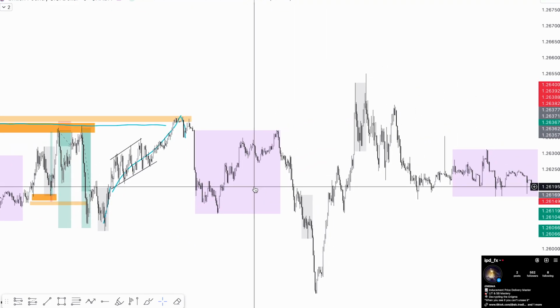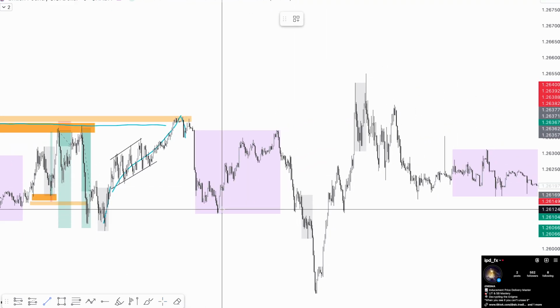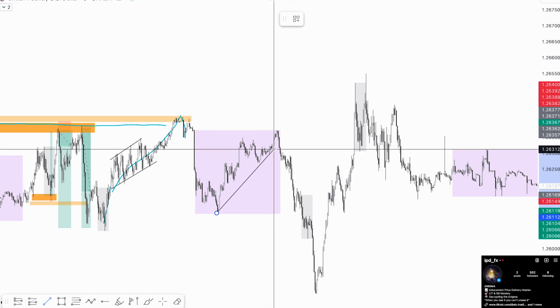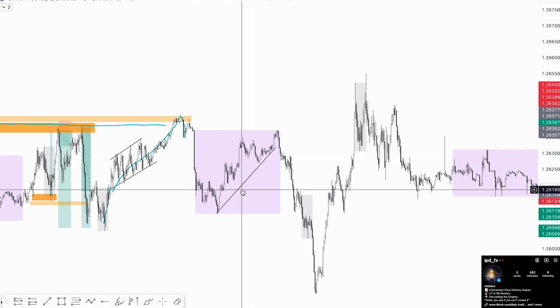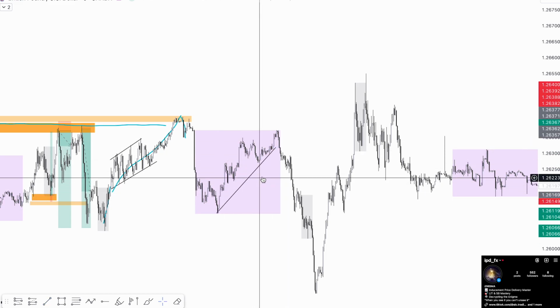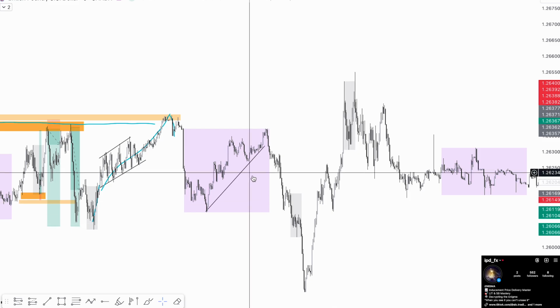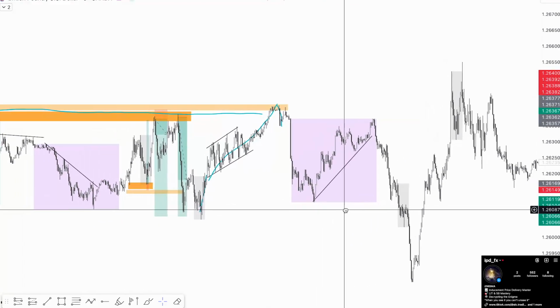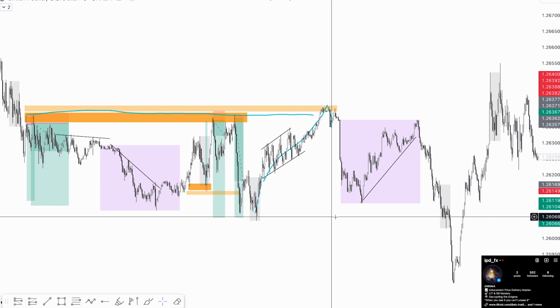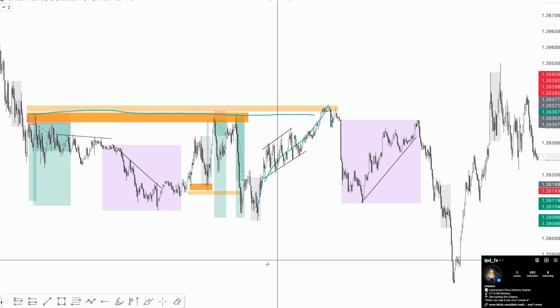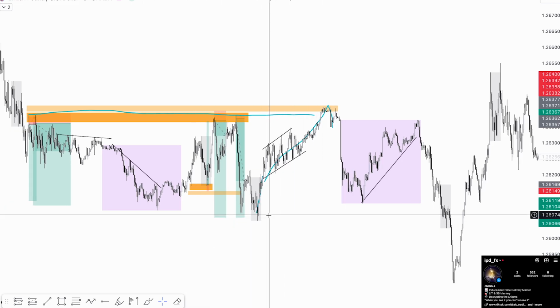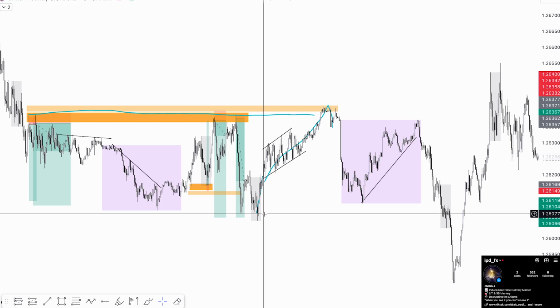Again, what we can see here as well, dynamic liquidity, okay, because the trend line, the dynamic liquidity, the small channel, we can find it a lot of times during the Asia session.